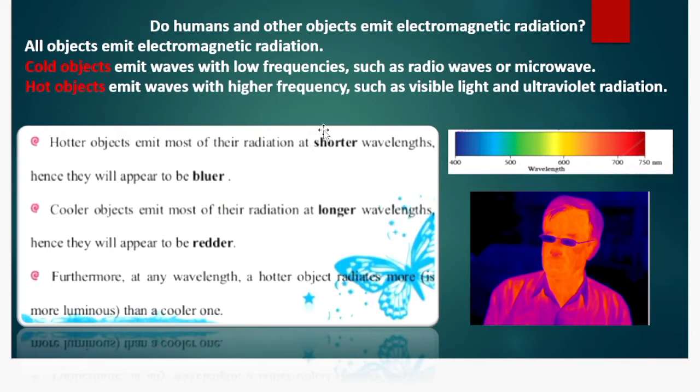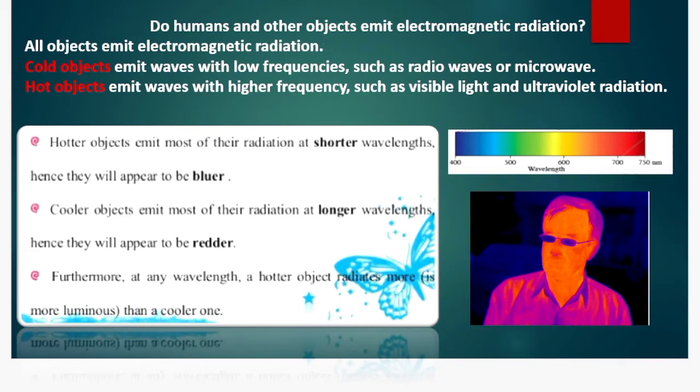The electromagnetic waves that we discussed in the electromagnetic wave spectrum just now can be absorbed or emitted, and it is known as electromagnetic radiation. When we talk about electromagnetic radiation, do all objects emit electromagnetic radiation? Or does a human or another object emit electromagnetic radiation?